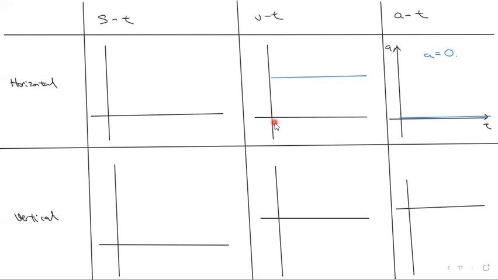So this is going to be ux, or v cos theta. Now, because your velocity is constant, that's going to result in your displacement-time graph just increasing by the same amount each and every time. And that will give you just a straight line that looks like that.